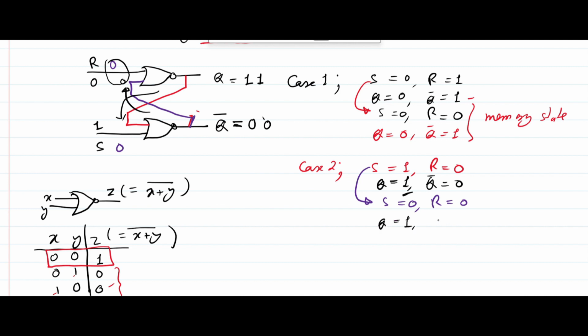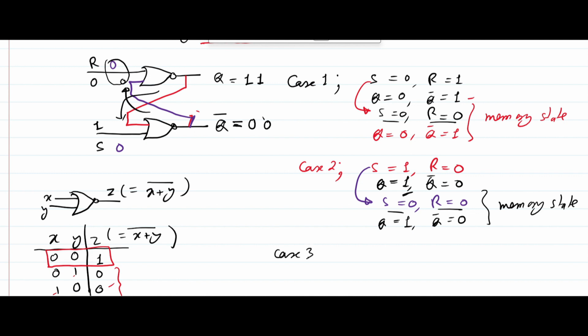Q equals 1 and q bar equals 0. So if you see from here, q equals 1 and q bar equals 0, that means this is also a memory state. So we can say s equals 0, r equals 0 is a memory state because it stores the previous output.